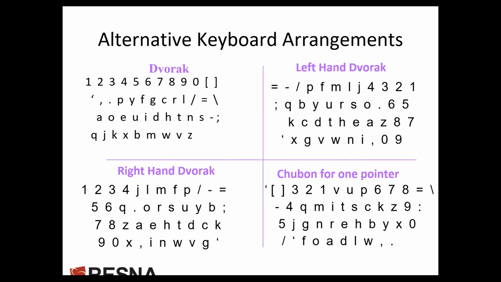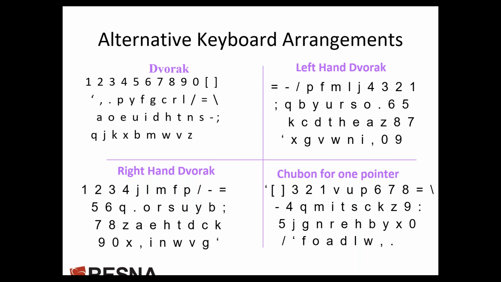So Dvorak was actually named after the man who developed it, and it was optimized for 10-finger typing. It uses the most frequently used letters on the home row, and the next most frequently used are right above the home row because it's actually easier for your fingers to move up than they are to move down. And if you use it, you'll see that your hands really do move much less with the Dvorak as opposed to a QWERTY keyboard layout.